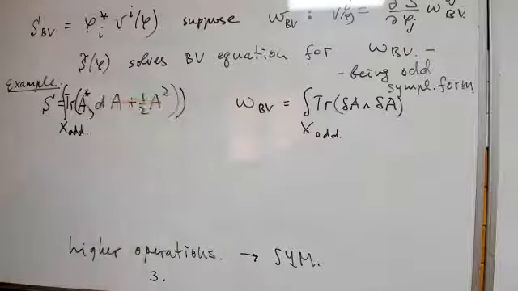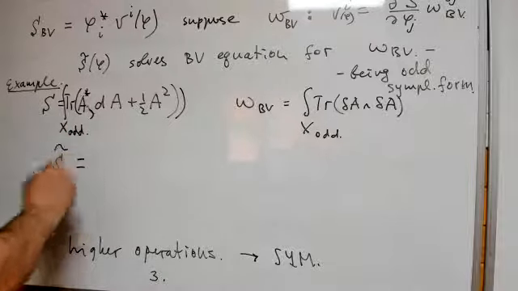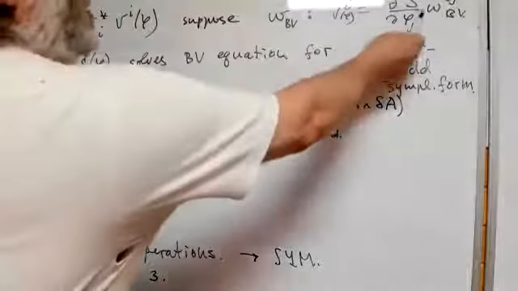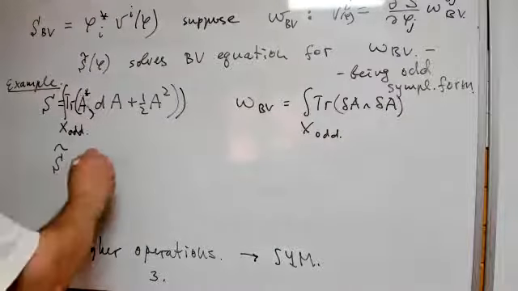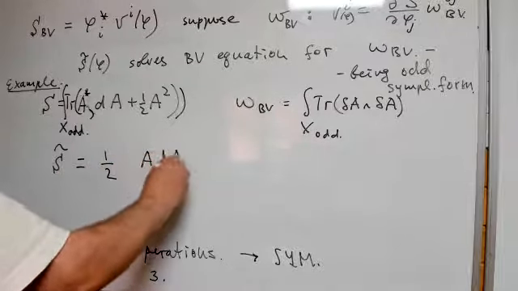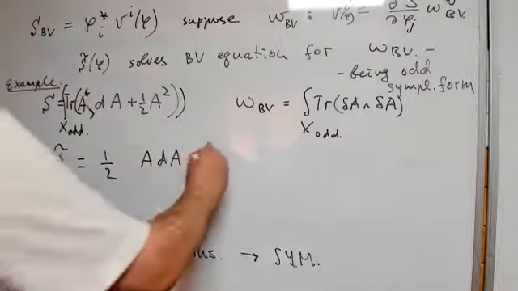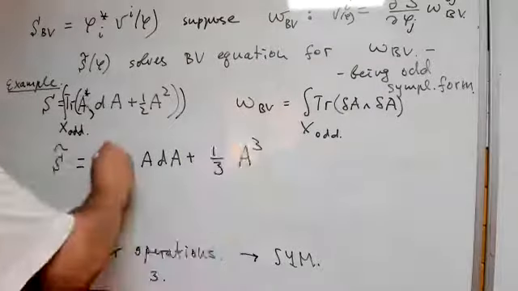Now I am getting the S tilde coming from exponentiating this formula: 1/2 ADA plus 1/3 AQ, and here we have 20.